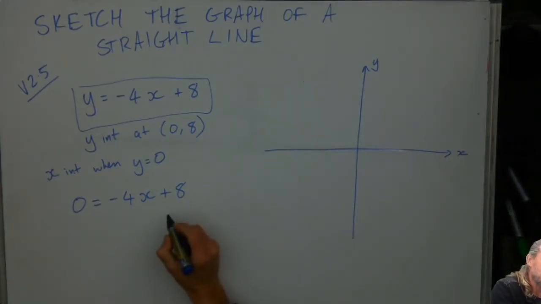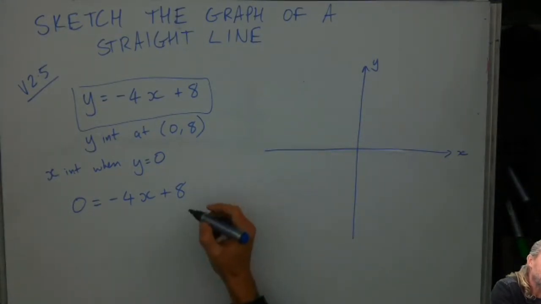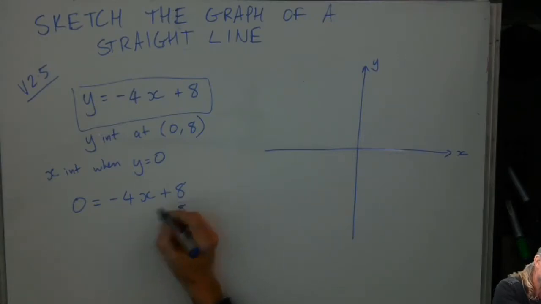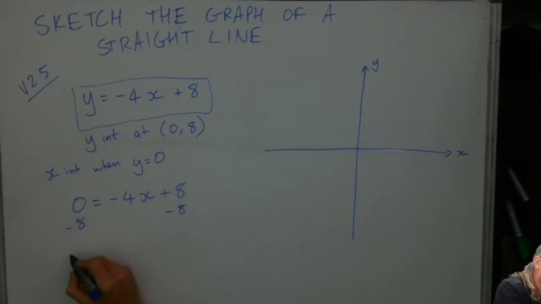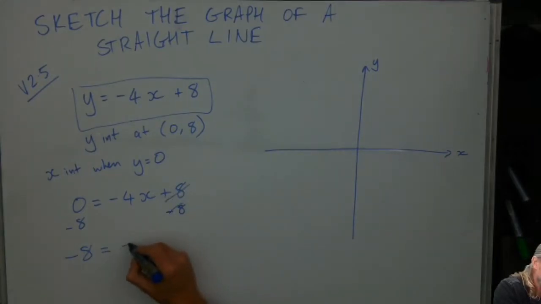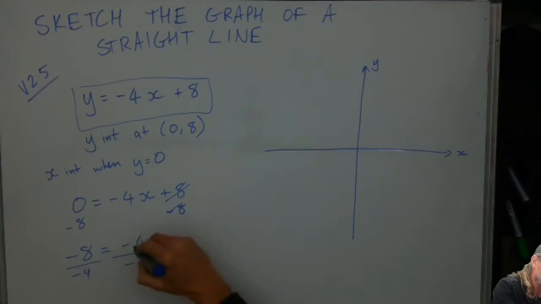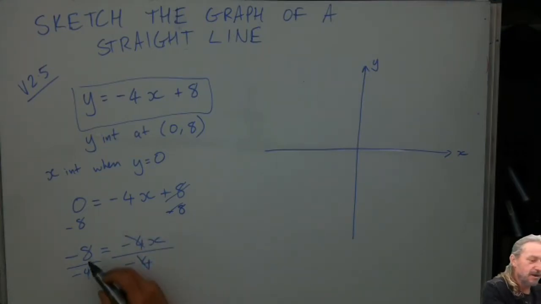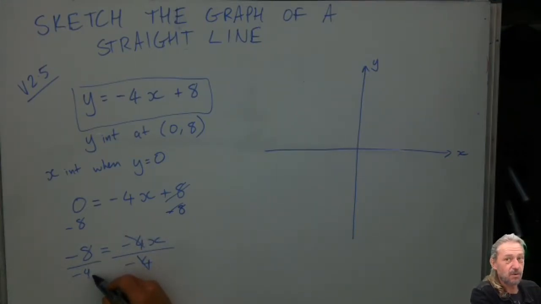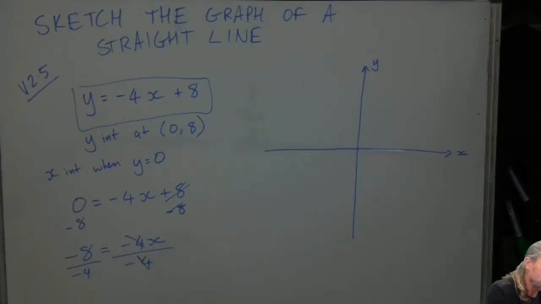Okay, so we're going to take away 8 from both sides. Take away 8, take away 8, and we get -8. That cancels, equals -4x. And then we'll divide both sides by this -4. So over here that cancels. -8 divided by -4 is going to give us +2.